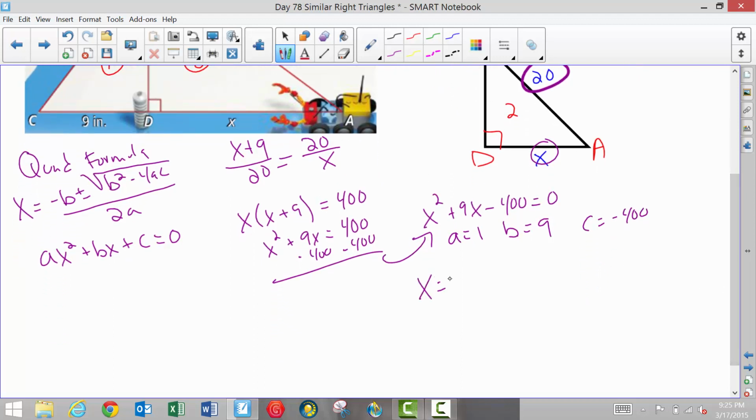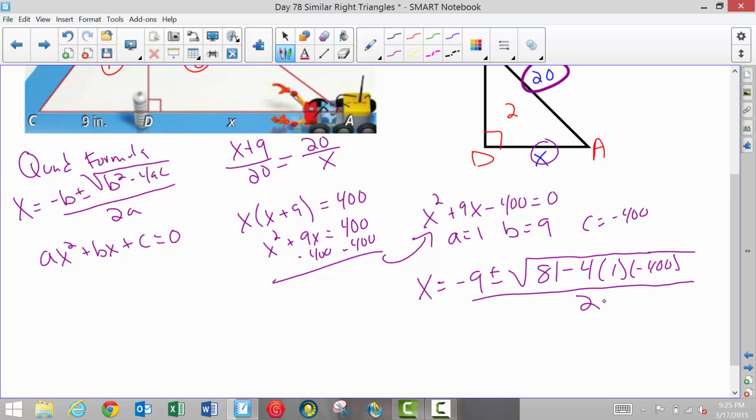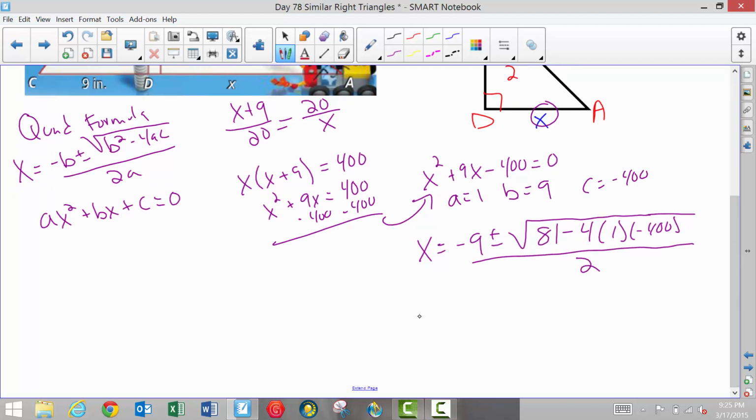So I know x is equal to negative 9 plus or minus the square root of 9 squared, which is 81, minus 4ac, all over 2a. 2 times 1 is 2. So I have 4 times 400, which is 1600.